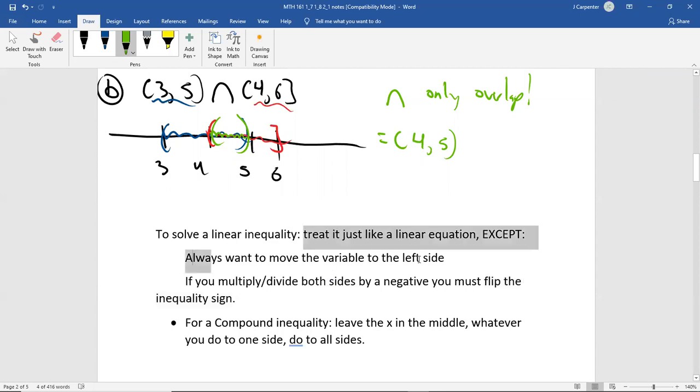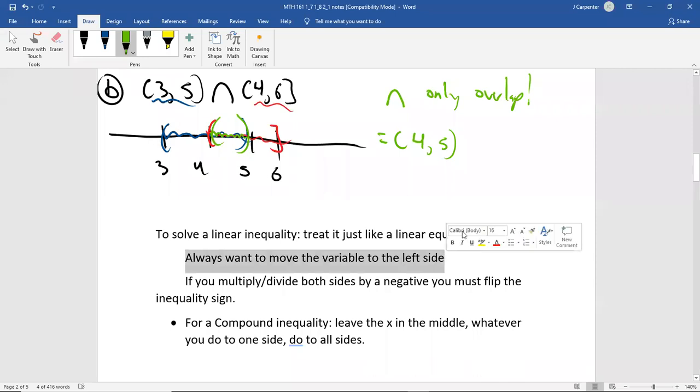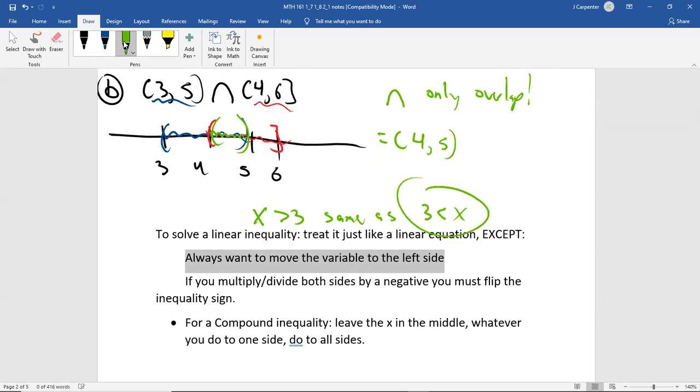Also, I say to always move the variable to the left side. Technically speaking, this is optional, but I want you to do it anyways, because this is why. X is greater than 3 is the exact same thing as saying 3 is less than X. So if you solve it this way, you are a lot more likely to get the graph and the interval notation wrong, because you're going to see this less than and you're going to shade to the left forever and ever and ever.